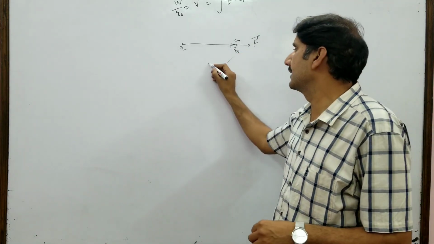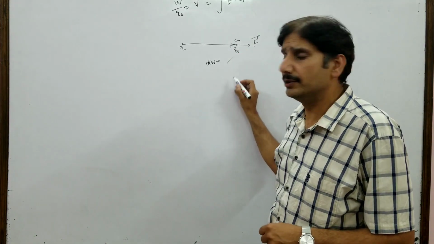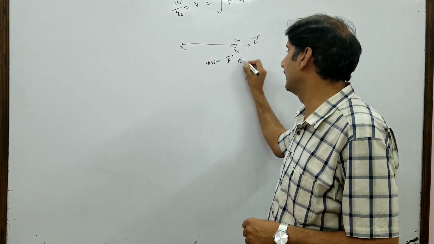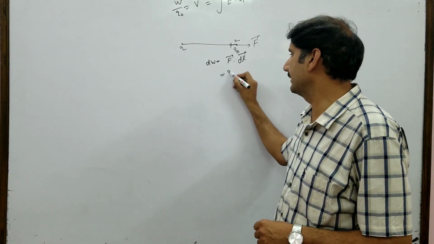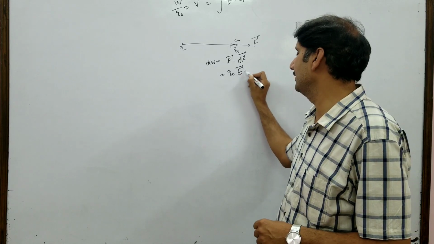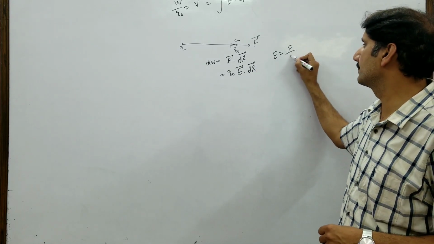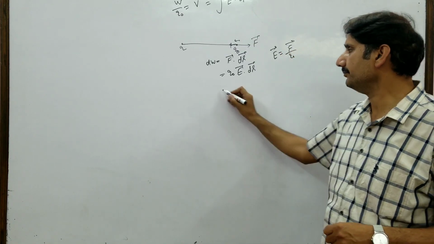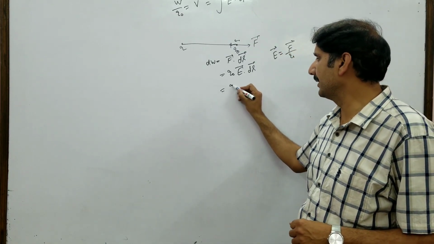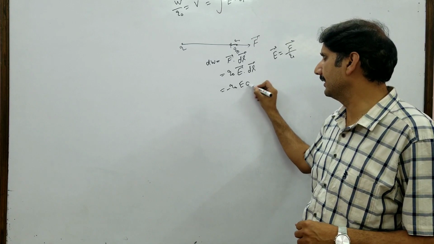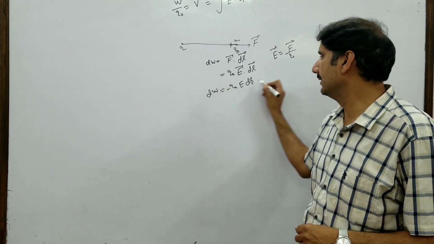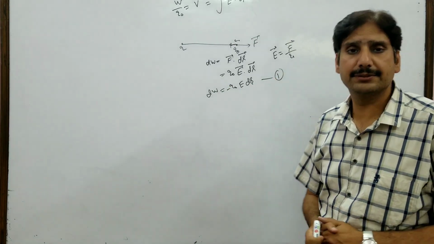I can say that small work done dW is equal to F dot dr, and it is easy to write it as Q naught times E dot dr, as we know that electric field is force per unit test charge. Therefore, I may write it as minus Q naught E dr, as the angle is 180 degrees.